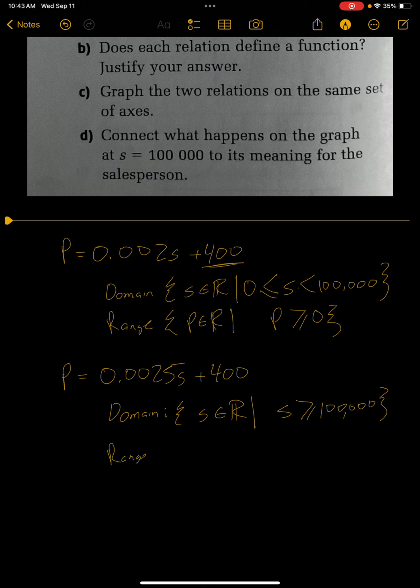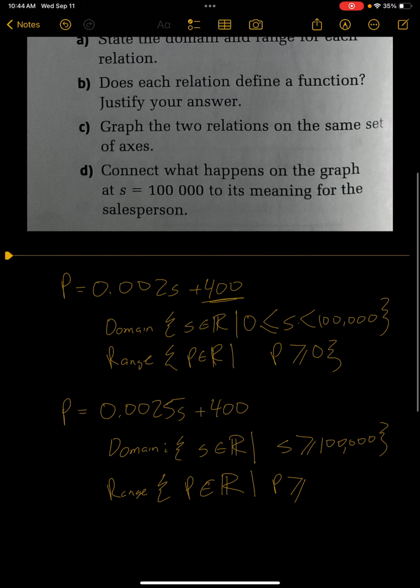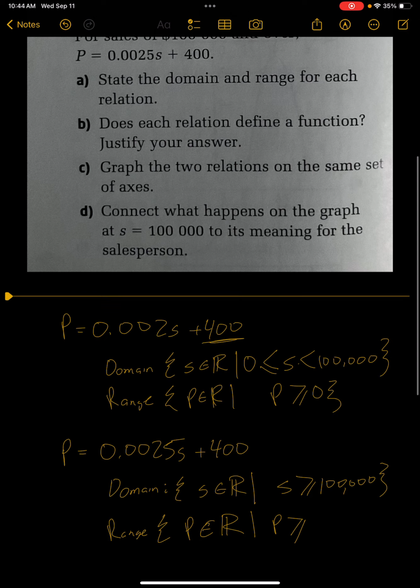And the range of this function, I wonder whether to be specific. It's an element of real numbers such that P is greater or equal to, and really we have to see where it starts.